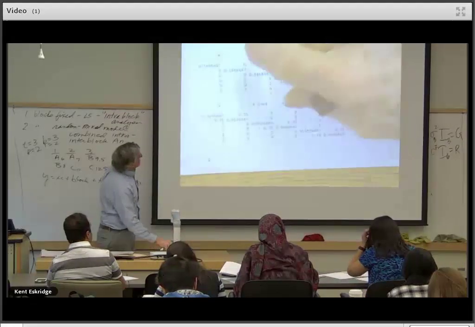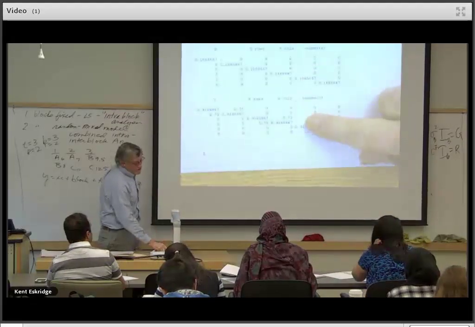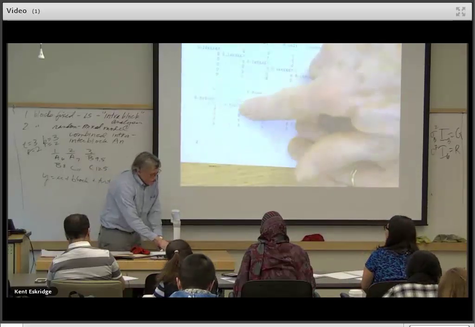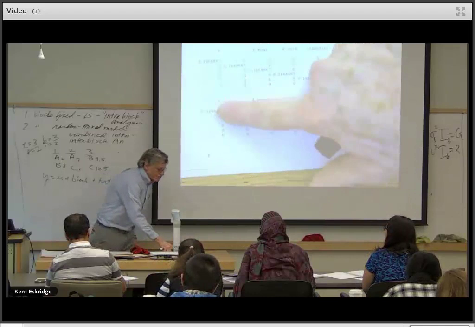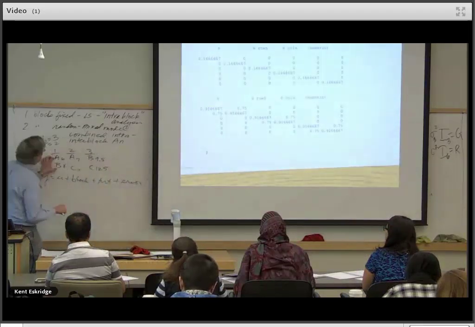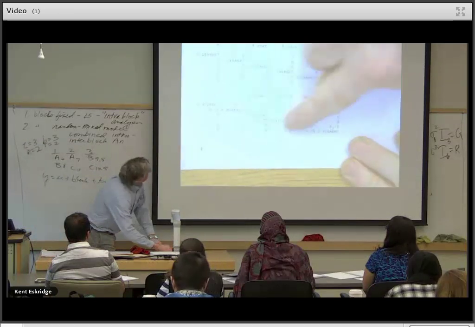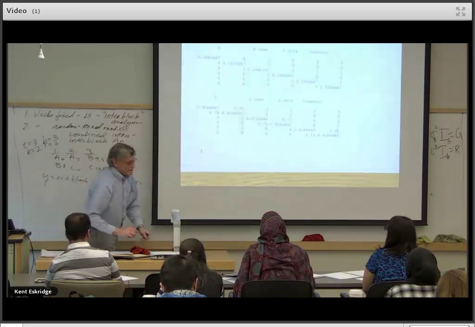And we can put those together and get a big V matrix. Here's the big V matrix, which you notice is block diagonal. These are 2 by 2 block matrices. Why? Because I have 2 units in a block. So here are the 3 blocks: block 1, block 2, block 3.